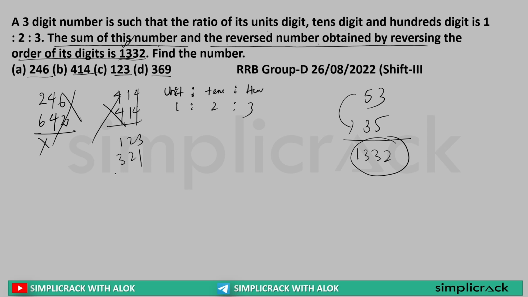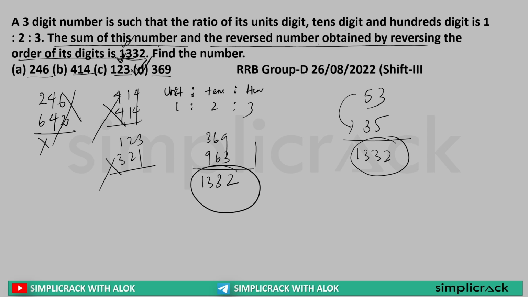If I reverse it, I will get 963. So now, what is the addition? 9 plus 3 is 12, 1, 6 plus 6 is 12 plus 1 is 13, 3, 1, 9 plus 3 is 12 plus 1, 13. The answer is 1332. It is satisfying the condition. So the number is 369.